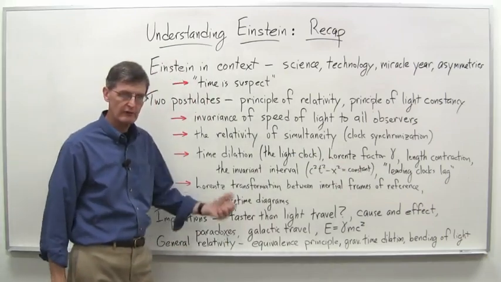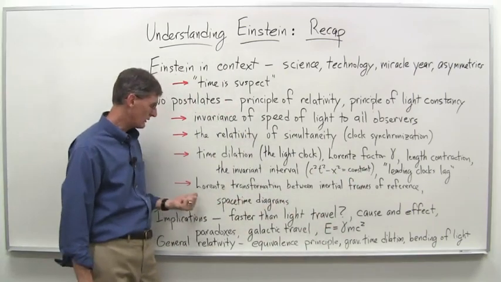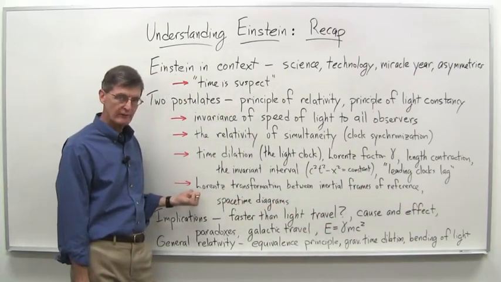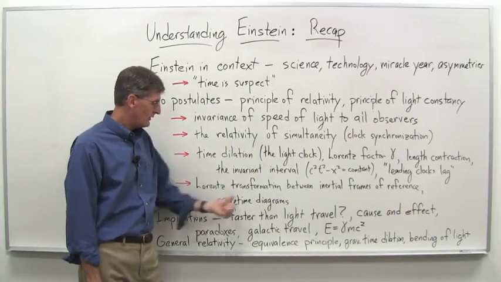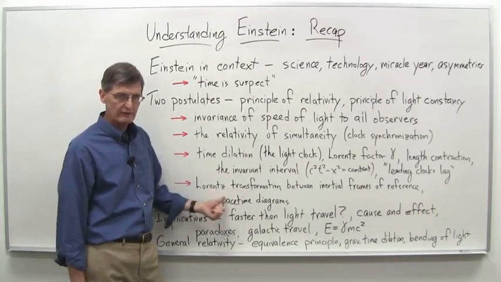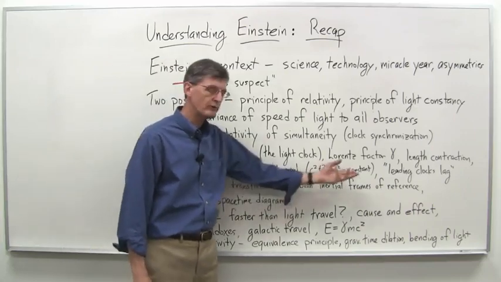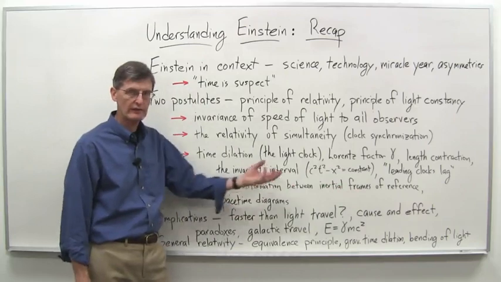And that was a key result we did both qualitatively and then later quantitatively once we had figured out the Lorentz transformation. And that was probably the most complicated mathematical analysis we did, the derivation there. But we got that such that we could transform between different inertial frames of reference very easily.